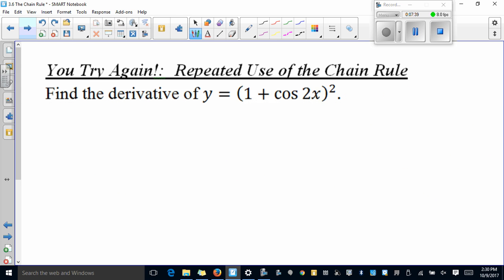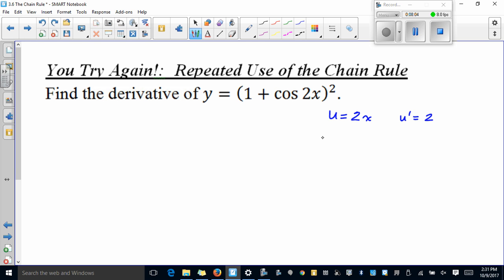Okay, one more. Why don't you pause it and see if you can come up with the answer before I give it to you. See how you do. So, okay, let's see how you did. So you would let u equal the most inner part, which is 2x. So u prime would be 2.